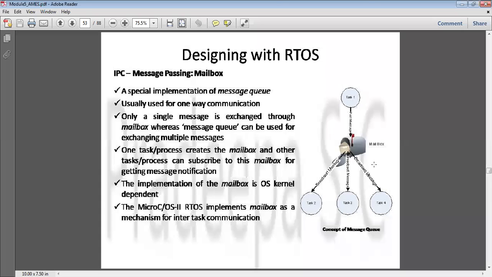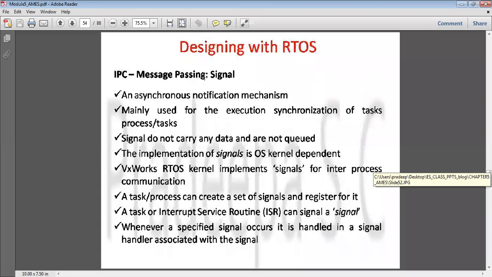One more message passing technique is signals. What is a signal? Basically, you can think of it as an interrupt. Whenever two processes want to communicate, they can communicate with the help of signals. There are n number of signal system calls that you will be learning in the Unix operating system.